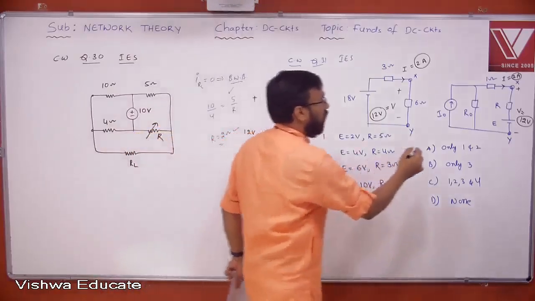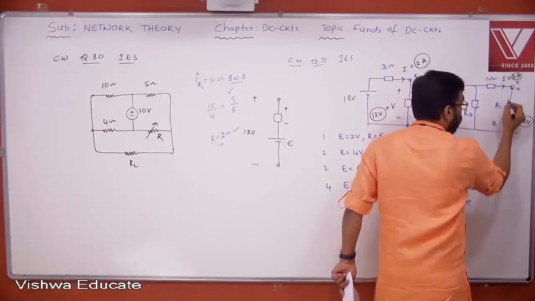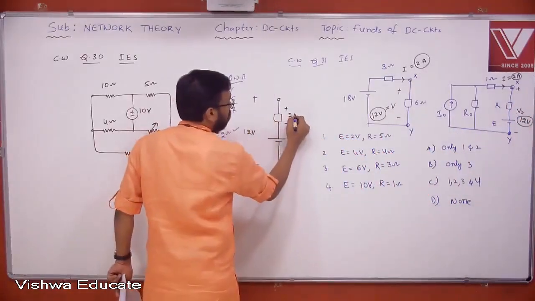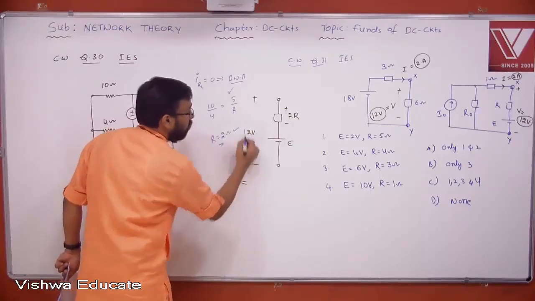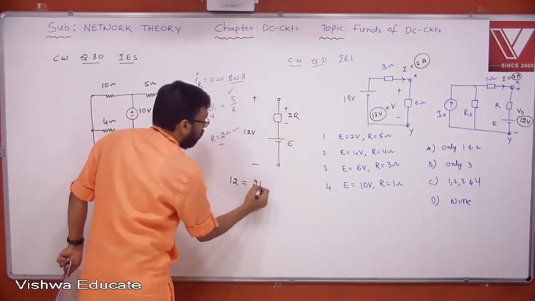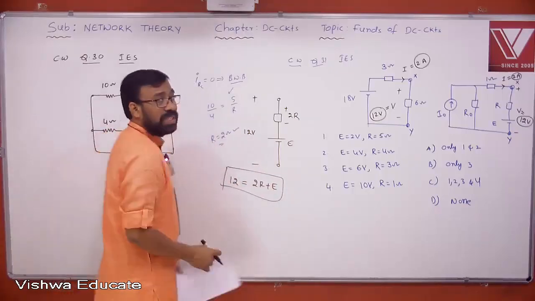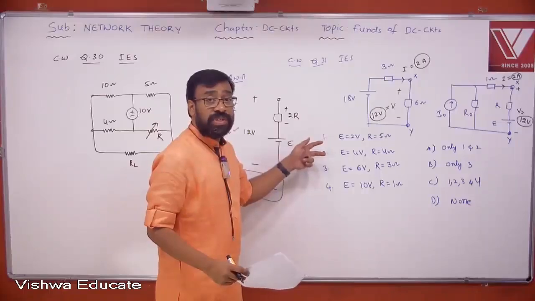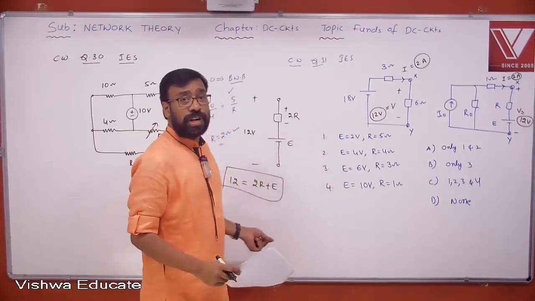Because the current flowing in this particular R is 2 ampere, 2 into R, what is the voltage across it? 2R volts. Then what is the relation between these? 12 volts is equal to 2R plus E. Agree all of you? Now you just take out of these 4 cases, which of them are satisfying this particular equation.